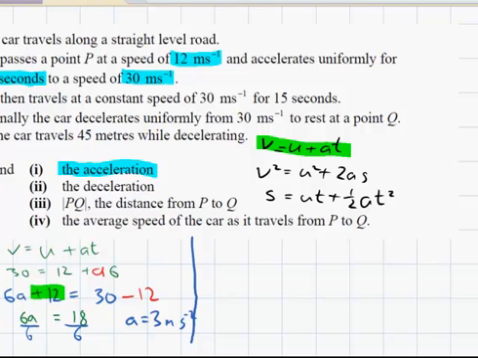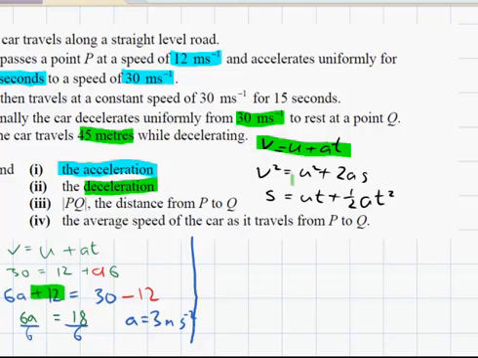Again we want to look to see where the deceleration is. So it travels at a constant speed of 30 meters per second for 15 seconds, then it decelerates uniformly. Again, we're given a final speed and initial velocity, we're given a distance, and we're asked to find deceleration.